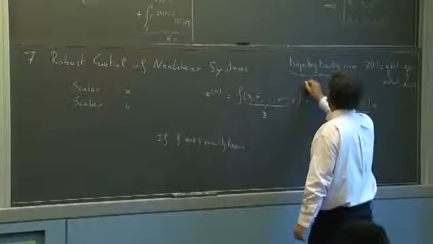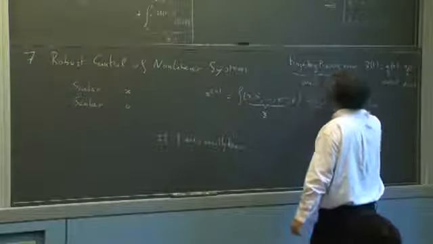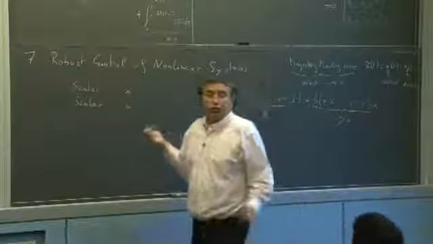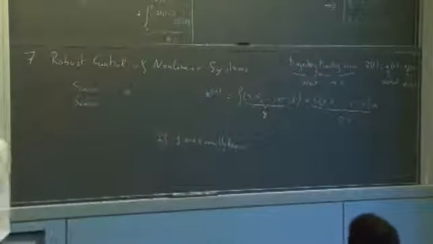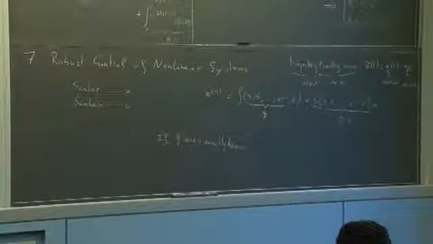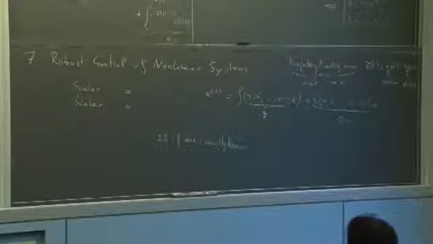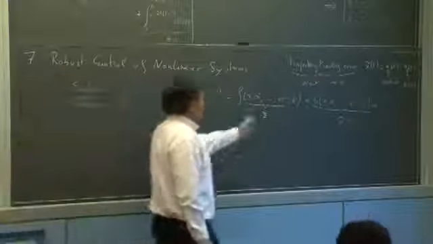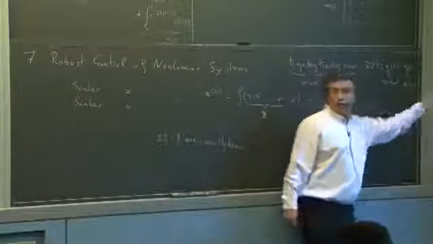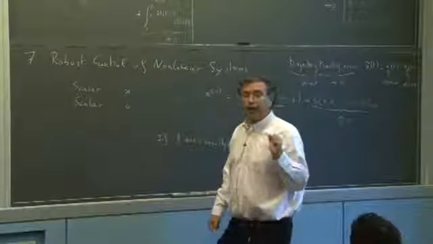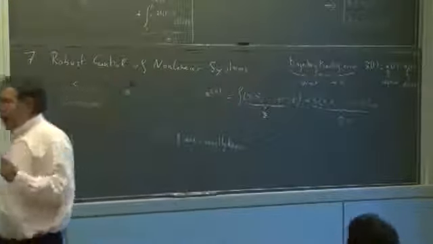And this tracking error we would like to tend to 0. So we could have this system, and we'd like it to follow a particular trajectory. And we would have a trajectory tracking error, which we can call x tilde, the difference between the real thing and the desired trajectory. And we would like this to tend to 0.